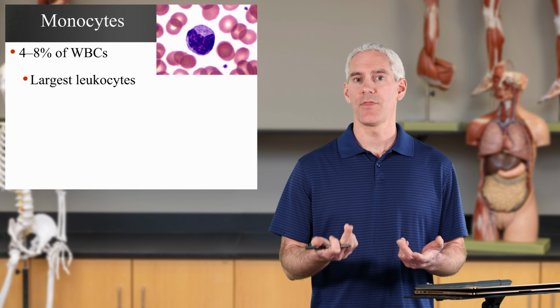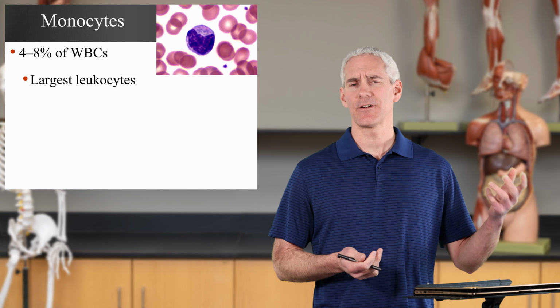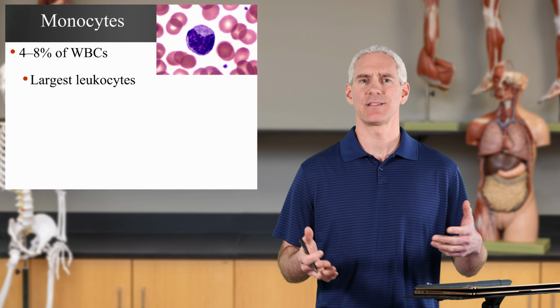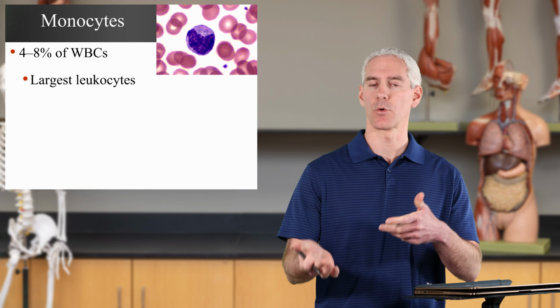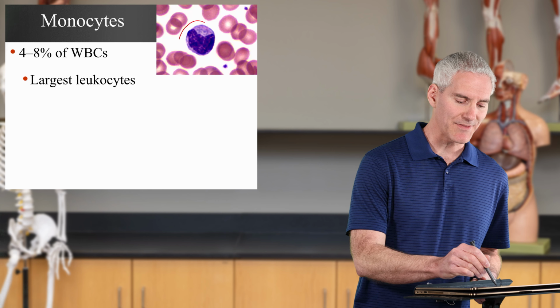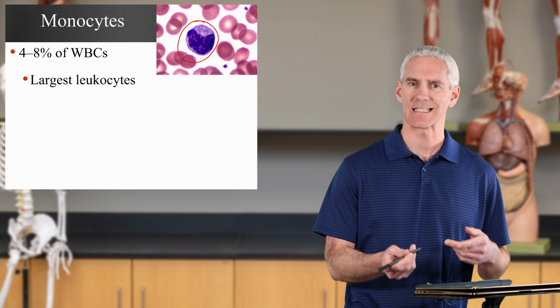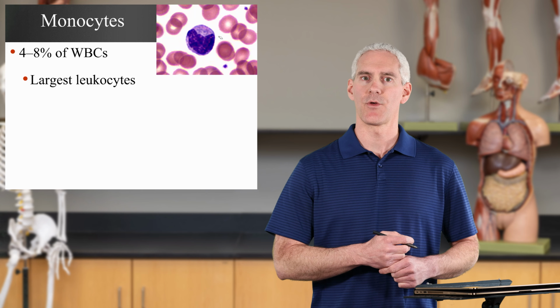Monocytes, the other of the agranulocytes. The monocytes I have here at 4 to 8%. Again, don't memorize the exact percentage. Just know it's lower than the lymphocyte, lower than the neutrophil. This is the largest. Look at the size difference. Look how big that is compared to the red blood cell. So the largest of the white blood cells.